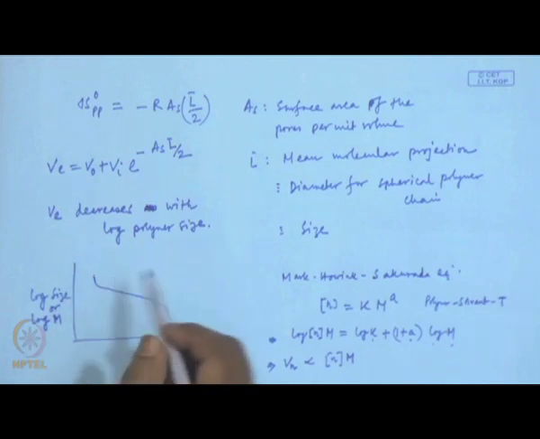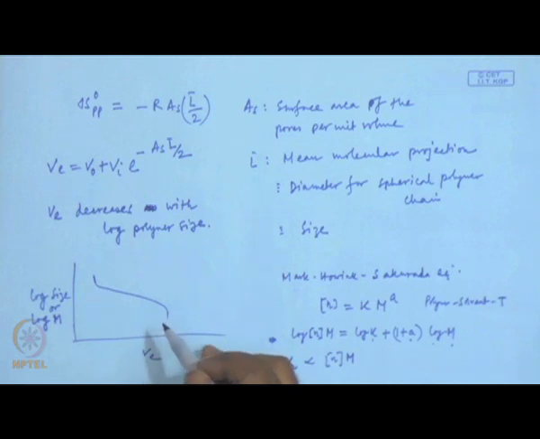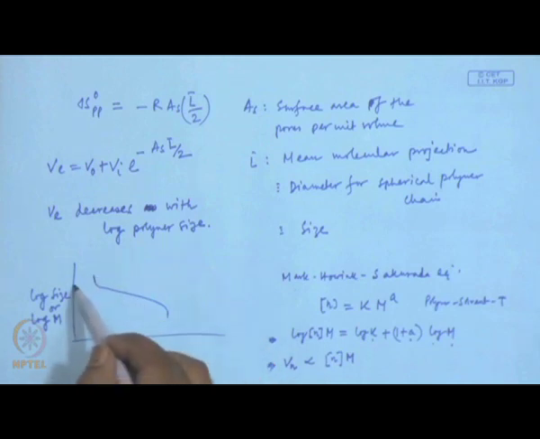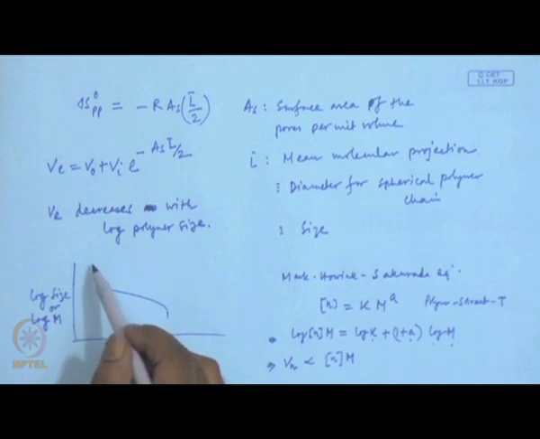Now, these two regions are the exclusion limit and this cutoff. They are the cutoffs for the two regions. Beyond this molecular weight, the size goes up so much that none of the polymer chains can go in, so they will have elution volume of V_0.